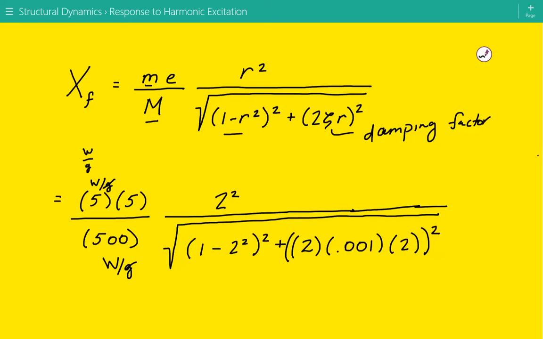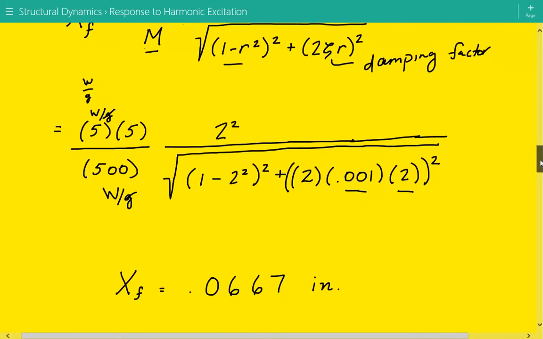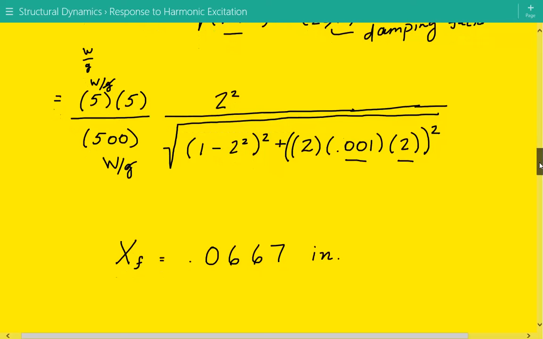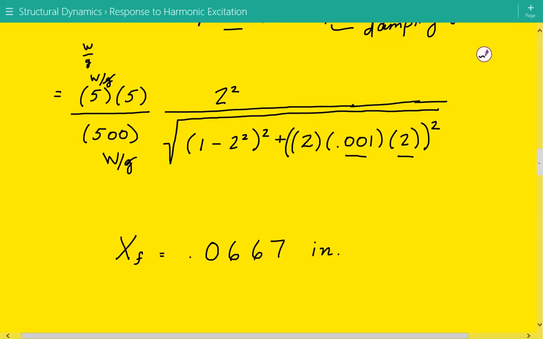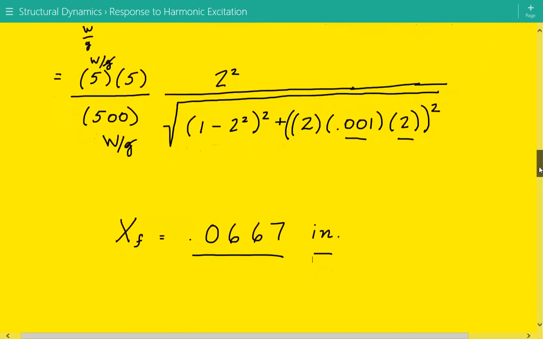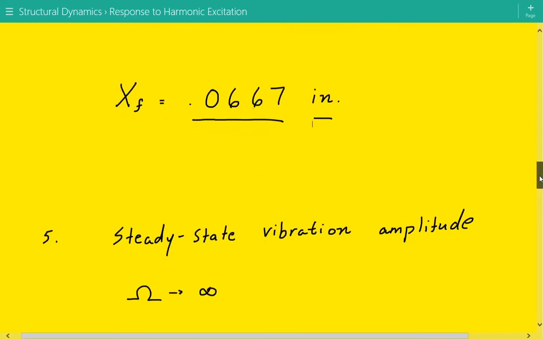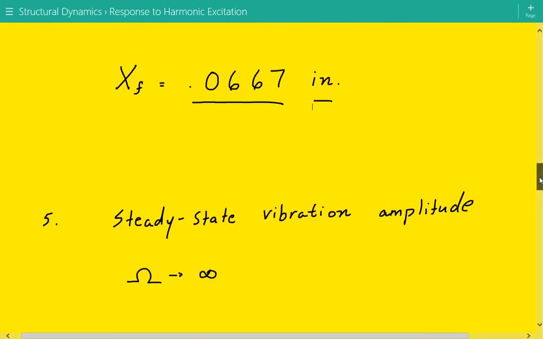And then the eccentricity is 5 inches, and then r squared, where r is 2, squared, divided by the square root of (1 minus 2 squared) squared plus (2 times 0.001 times 2) squared. So the steady state amplitude at the operating speed of 2,000 revolutions per minute is equal to 0.0667 inches.